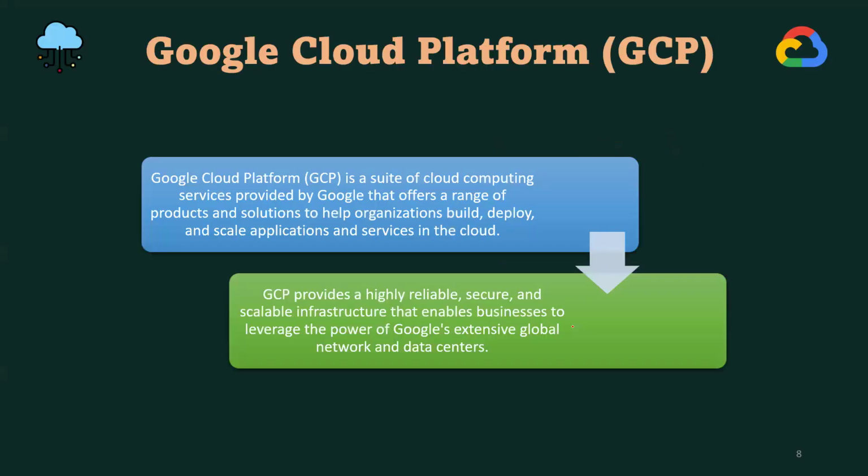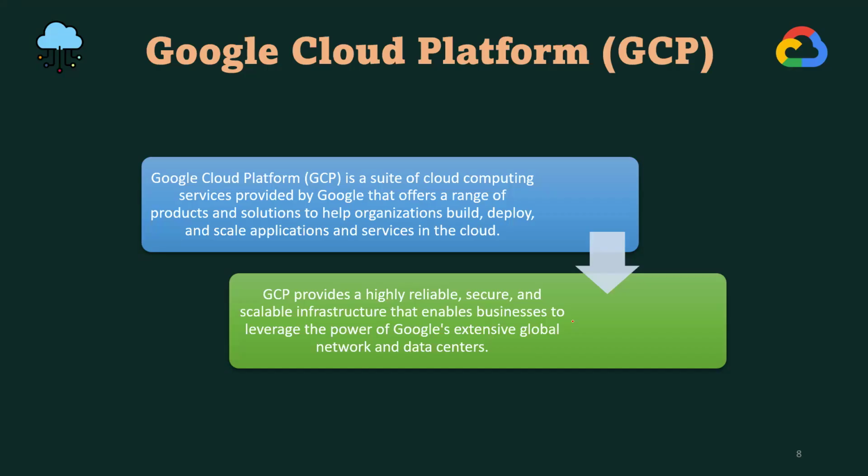Google Cloud Platform is one of the leading cloud providers which provides cloud computing services for organizations to fulfill their project requirements, such as building the application, deploying the application, and scaling the applications and services in the cloud platform.